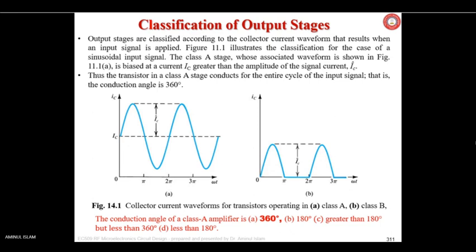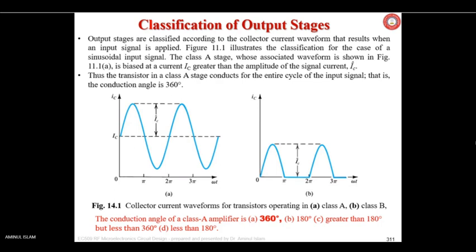Output stages are classified according to the collector current waveform that results when an input signal is applied. In this figure, this is the classification for the case of a sinusoidal input signal. The class A stage, whose associated waveform is shown in figure 1.1a, is biased at a current IC greater than the amplitude of the signal current.